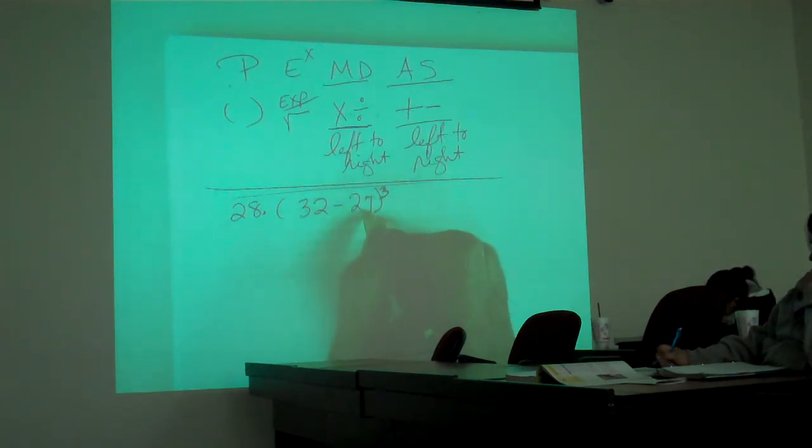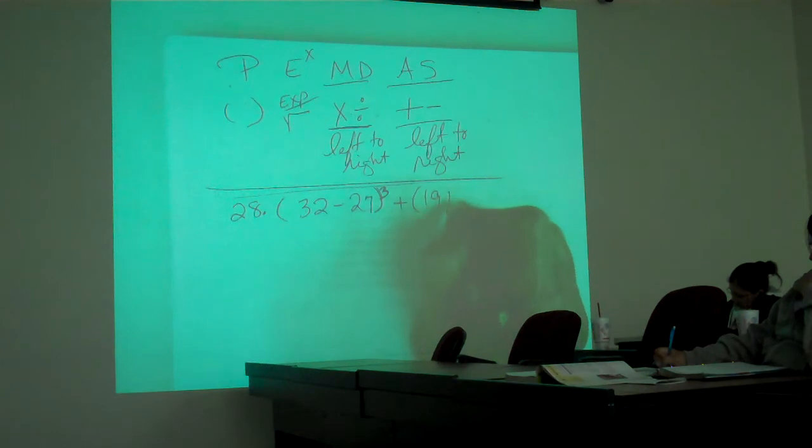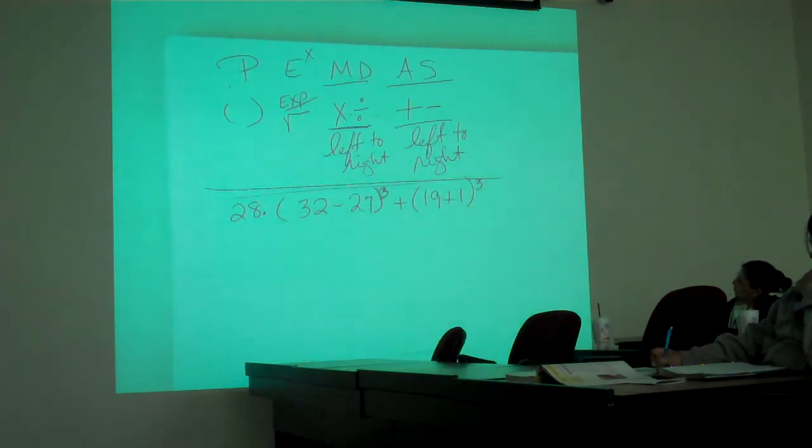32 minus 27 in parentheses to the third power, plus 19 plus 1 in parentheses to the third power. Okay, first of all, parentheses.